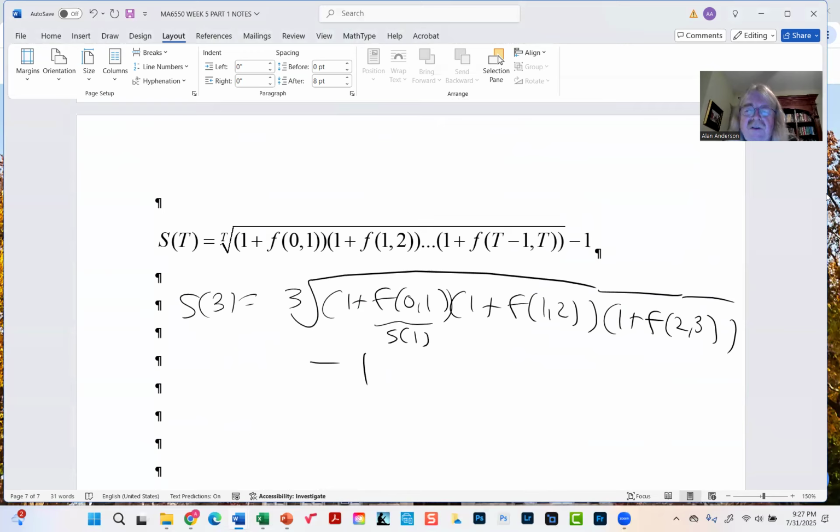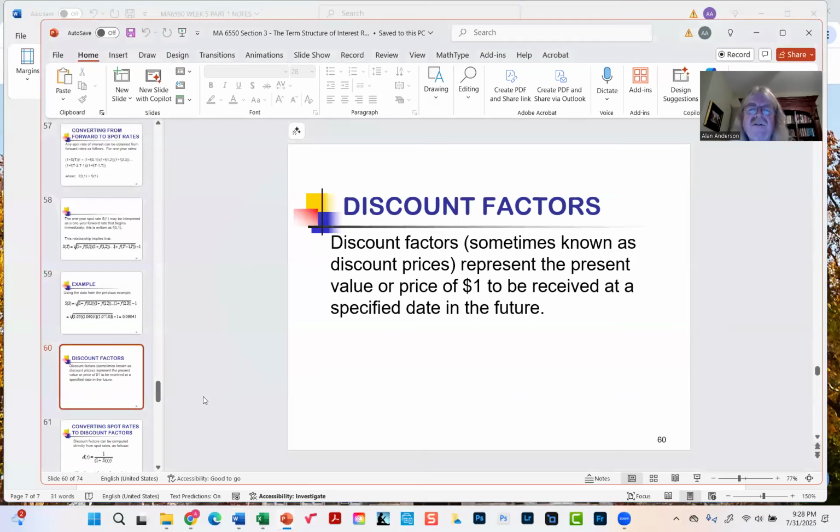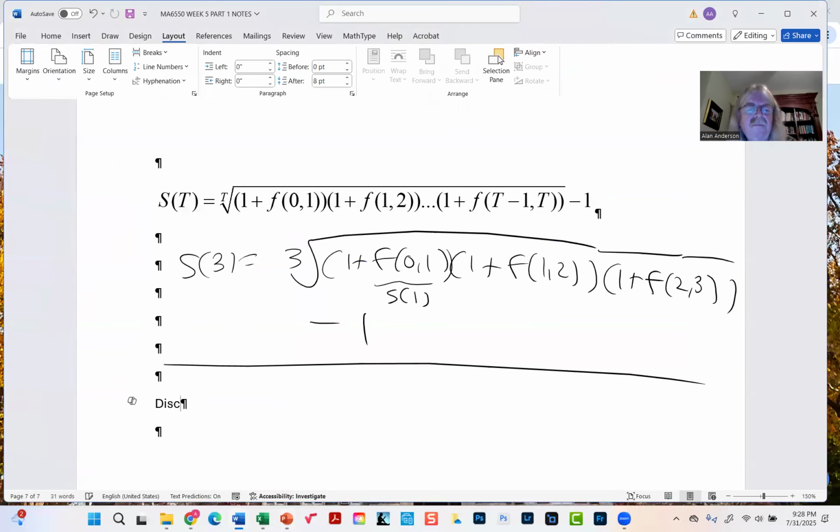All right, so for the time being, that'll do for our discussion about forward rates. Now we're going to introduce discount factors, which are a little bit different because these are all fractions of 1. A discount rate, or discount factor, as they're sometimes called, is a fraction of 1 that represents the present value of receiving a dollar in T years.